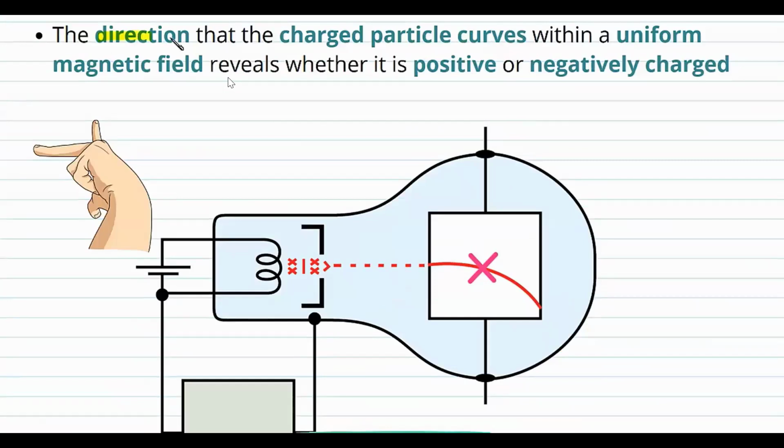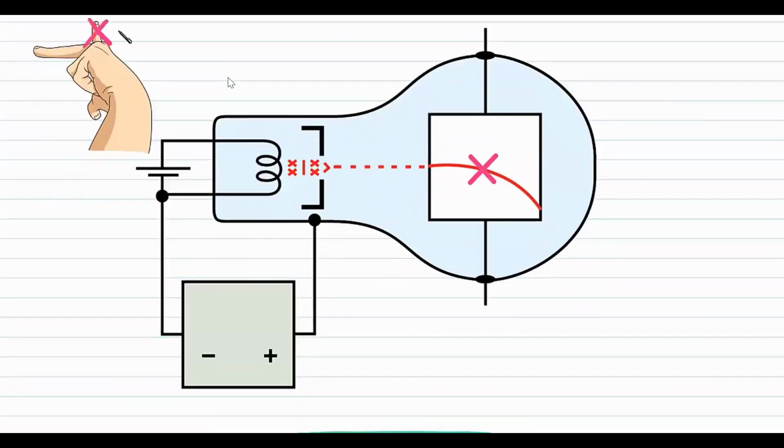The direction that the charged particle curves within a uniform magnetic field reveals whether it is positive or negatively charged. So our first finger points into the plane of the paper, and if the current is pointing in this direction, then the force is going to point downwards. So we see from the direction of our curved track that the force is pointing downwards.